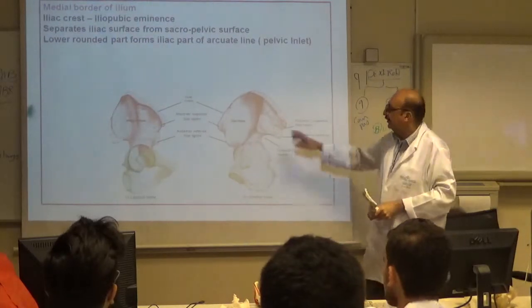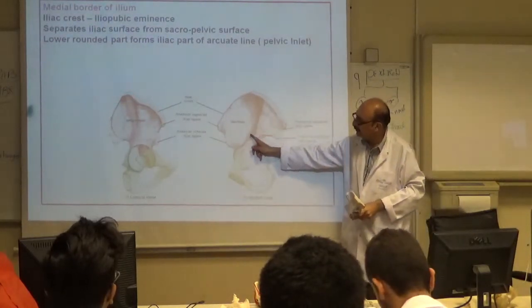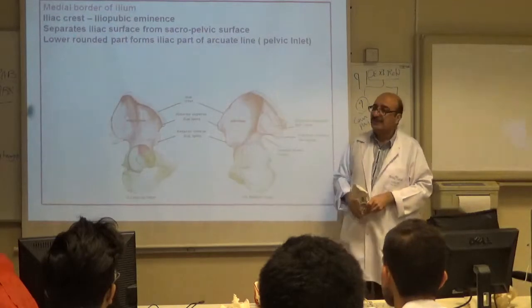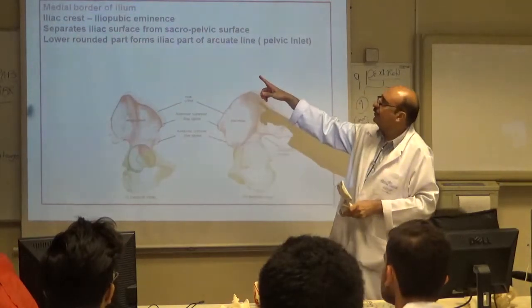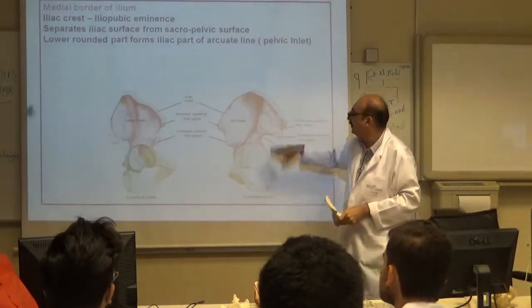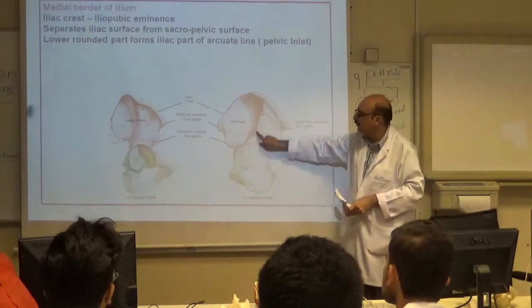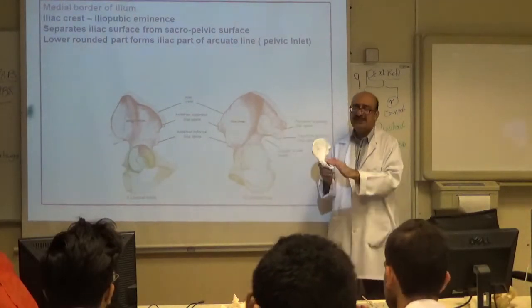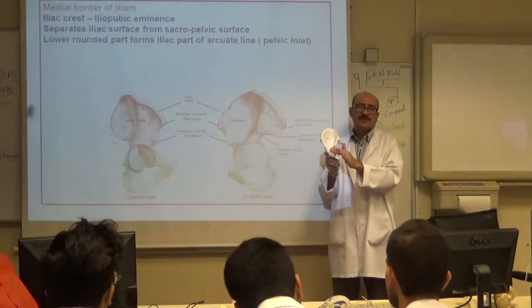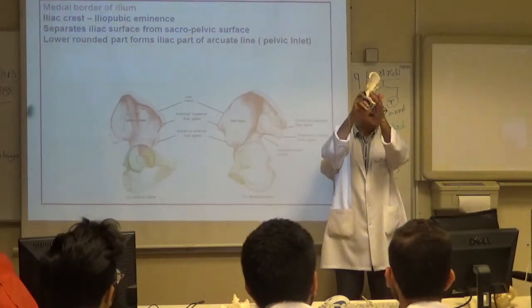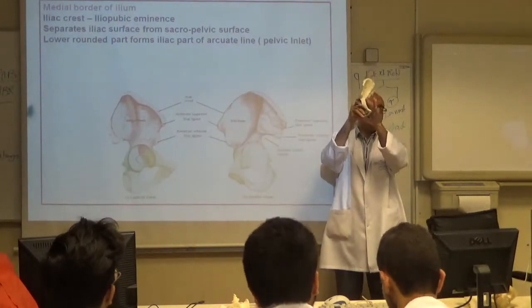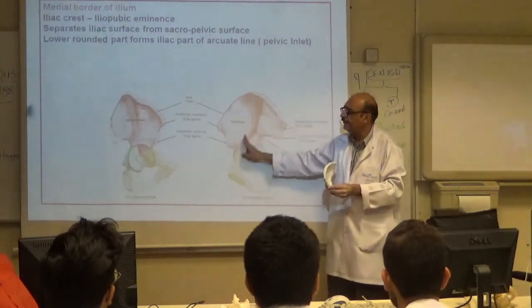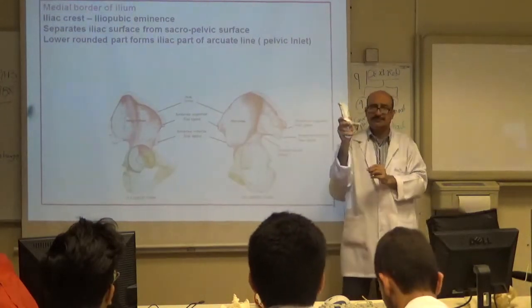Medial border. This is medial border. What are the things? From where? Iliac crest to iliopubic eminence. From iliac crest to this elevation here. If you feel the bones, there is an elevation. This elevation is called iliopubic eminence. So from here to here, iliopubic eminence.